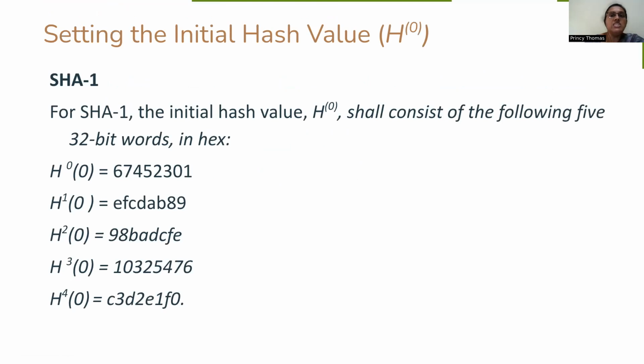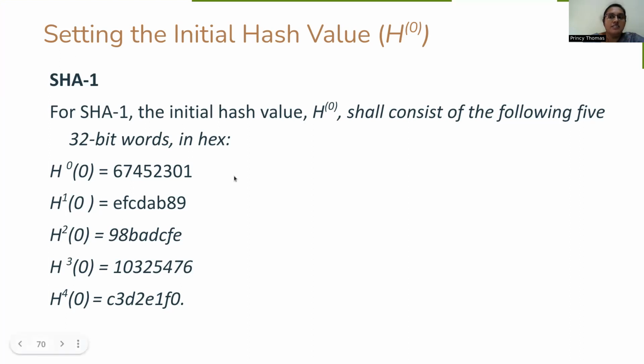Then the initial hash values. In the case of SHA-1, the initial hash values are 5 32-bit words. H0, the first initial hash value, is equal to 67452301.